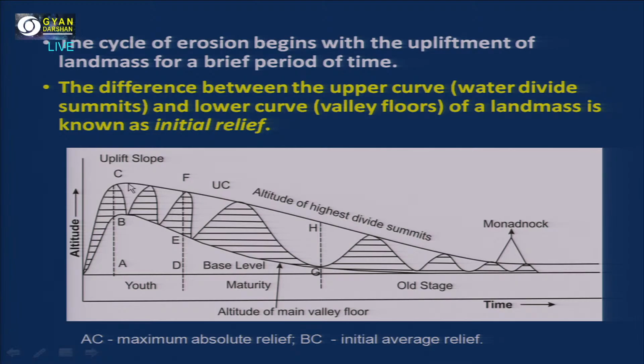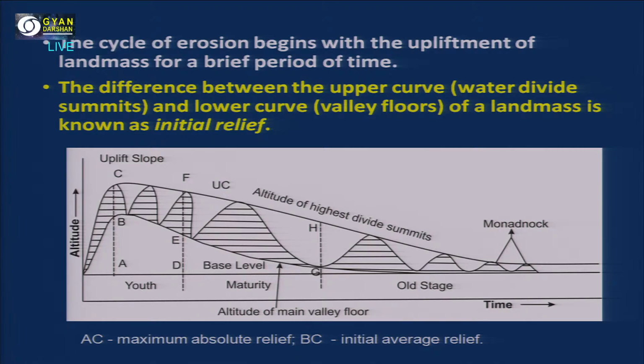The upper curve is the water divide summit, and the lower curve shows the valley floors of the landmass, and the difference between these two curves is the initial relief or initial average relief, and here A and C show the maximum absolute relief.